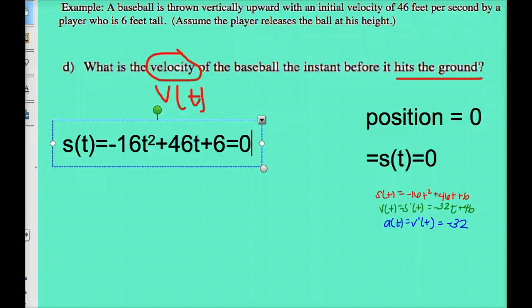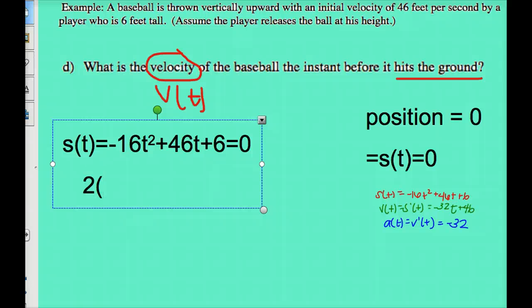The only way to do this is to actually factor this out. I'm going to pull out a 2, and once I pull out a 2, I'm going to pull out a negative 2. When I pull out a negative 2, I'm going to get 8t squared, and instead of a plus, I get a negative.